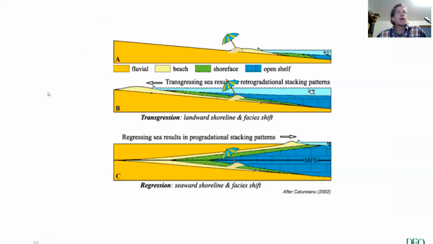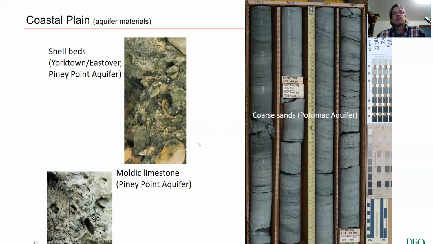So we've kind of briefly discussed how these materials are deposited, but how does that relate hydrologically? How do these materials form aquifers? And typically it's the more permeable materials that make good aquifers. So we're talking about sands, shell beds, moldic limestone, which was old reef material.